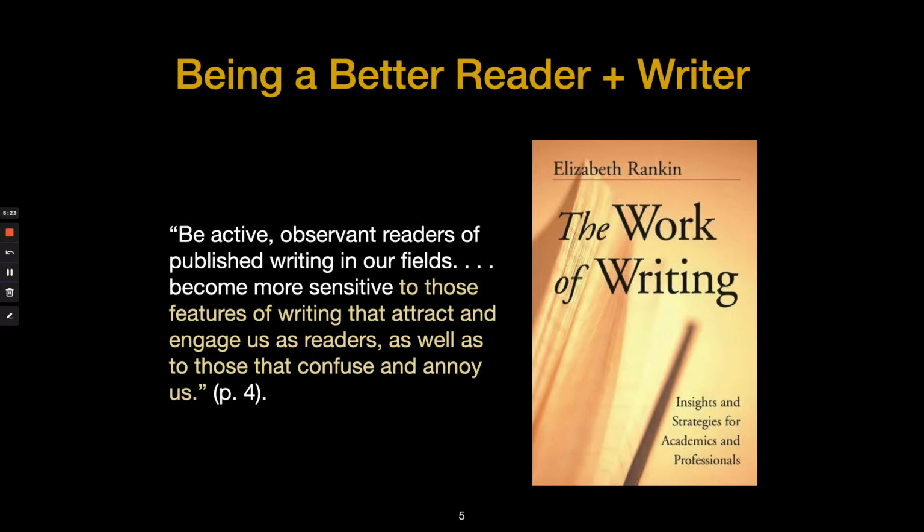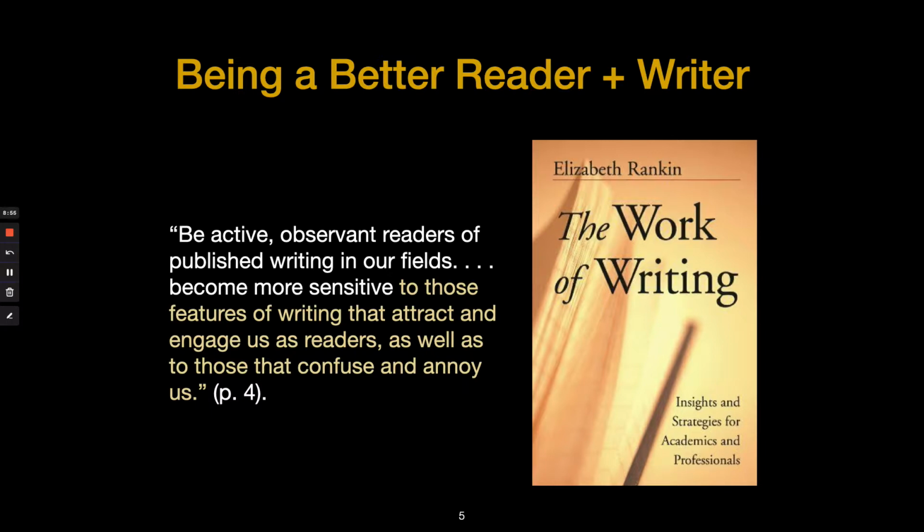So that brings us back around to this idea that one of the basic ways to get better at writing is to get better at reading. This is a quote from Elizabeth Rankin. She says, to be active, observant readers of published writing in our fields. The goal is to become more sensitive to those features of writing that attract and engage us as readers, as well as to those that confuse and annoy us. So we should learn from texts and treat them as mentors or experienced people that we can follow.